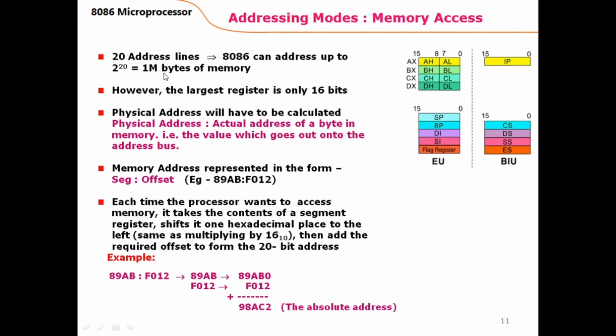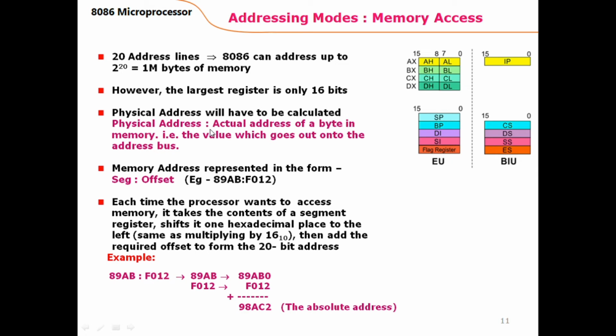So that's why the maximum memory that 8086 can support is 1 megabyte. However, the largest register in the 8086 microprocessor is 16-bit, while the address in 8086 memory is 20-bit. So this 20-bit address cannot be stored in 16-bit registers.